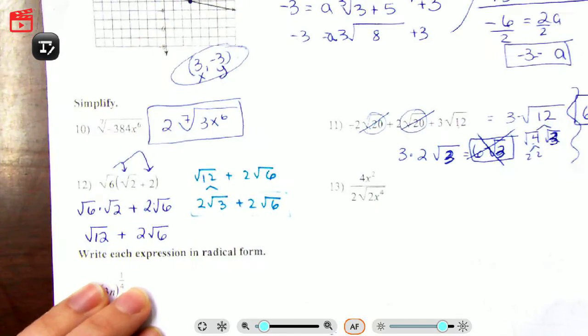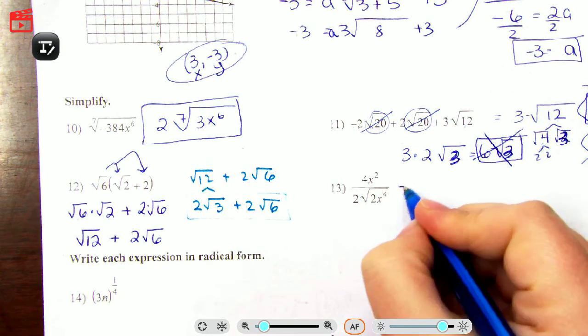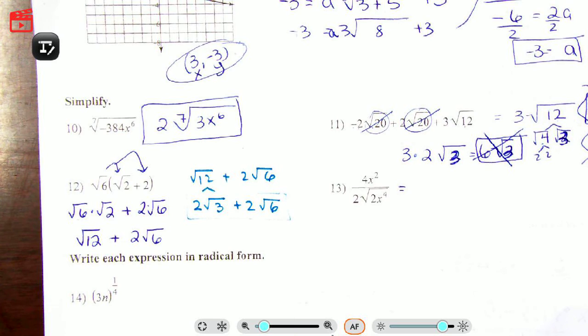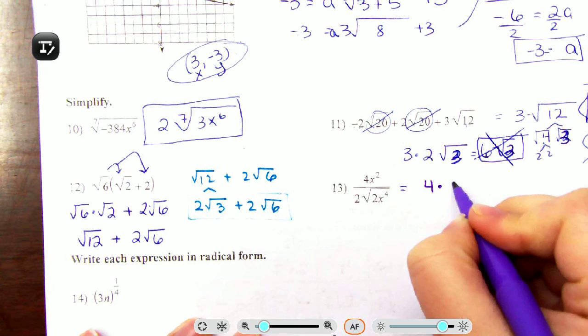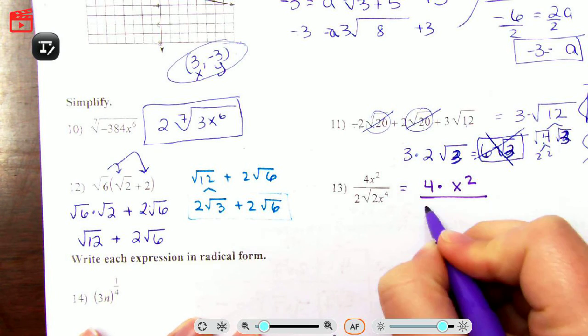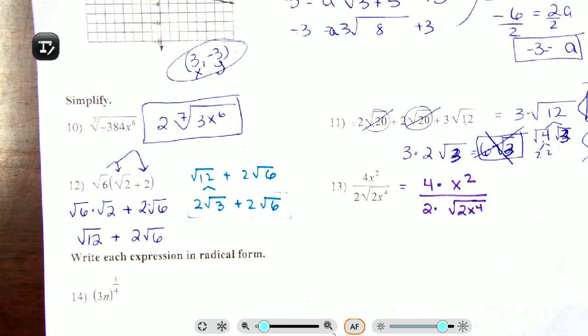All right, let's see number 13. Okay, this says right here, let me use a different marker so you guys can see better. 4 times x squared divided by 2 times root 2x to the fourth. Okay.